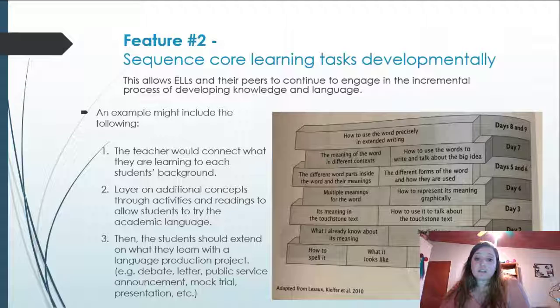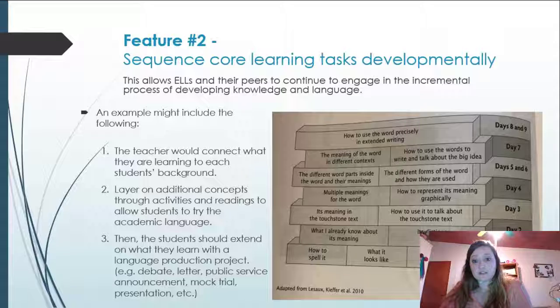Day 3, its meaning in the touchstone text, so its meaning where they're reading it from, and how it's used to talk about the touchstone text. Day 4, multiple meanings for the word, so the students understand that even though it could be a certain definition in one text, in another text it might mean something completely different. And then how to represent its meaning graphically, so with pictures.